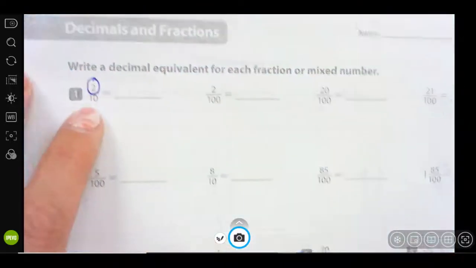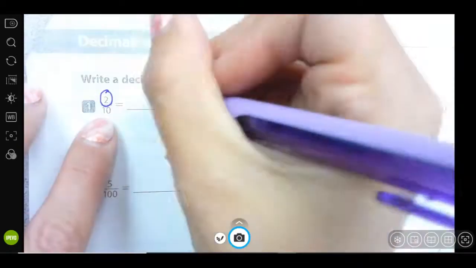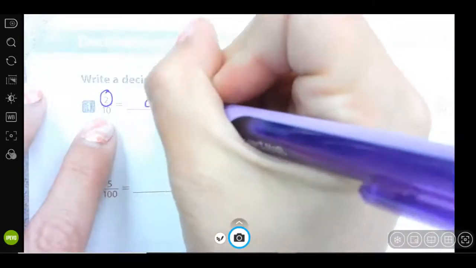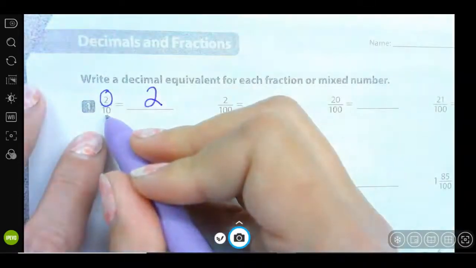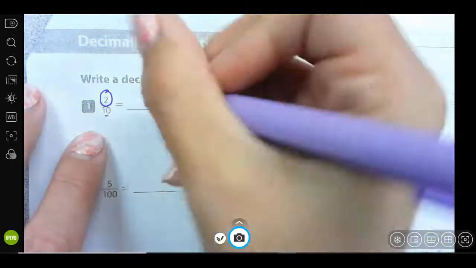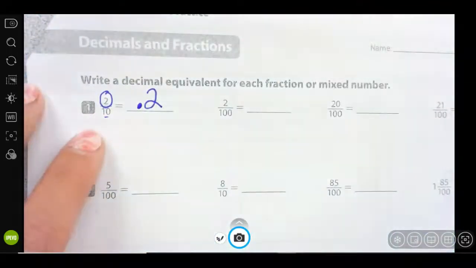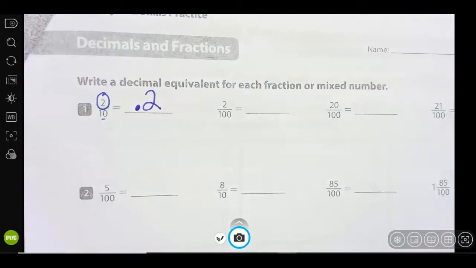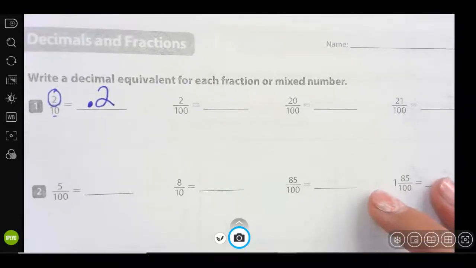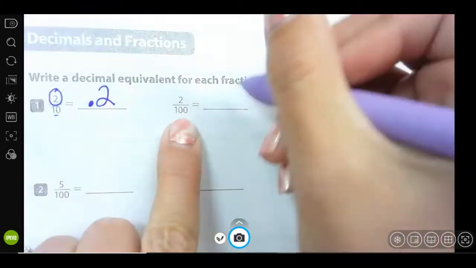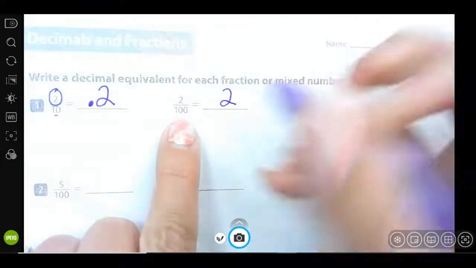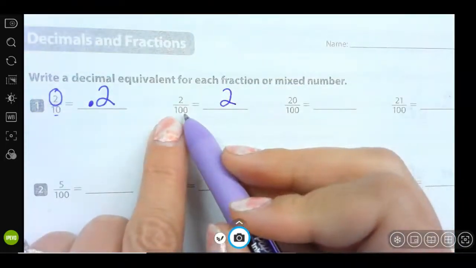You always look at your numerator. What's the digit in my numerator? 2. So I'm going to write a 2 here. And this tells me that it's in what place? The tenths. So I'm going to put a decimal there. 2 tenths. Again, we have the 2, but what place value is it in?